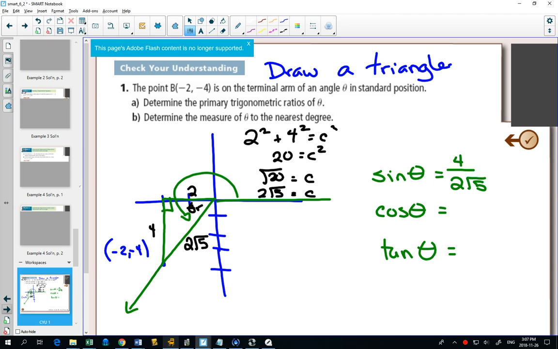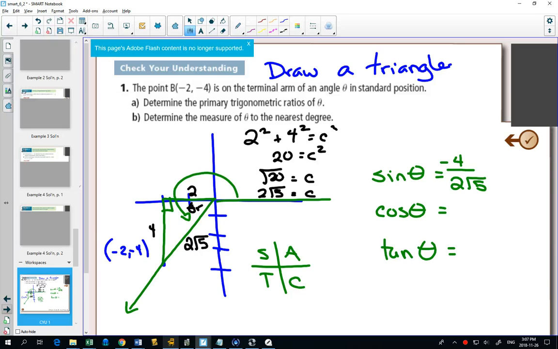We would also have to use our CAST rule to determine should that be positive or negative because it's in quadrant 3. Should sine be positive or negative? It should be negative because sine is always negative in quadrant 3.